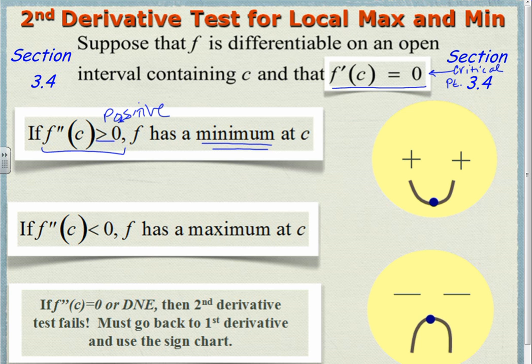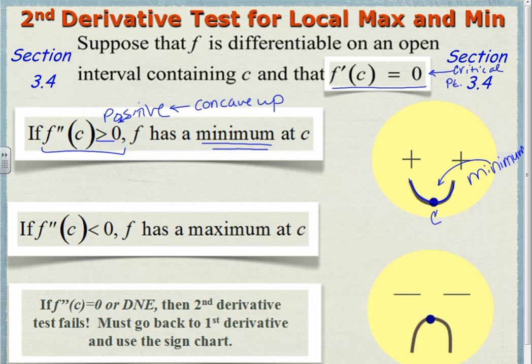If this is a positive second derivative, we are concave up, centering on c. If it's concave up in the region where c occurs, then just by picturing it, you can see how this is the bottom of the area, and that makes c a minimum.